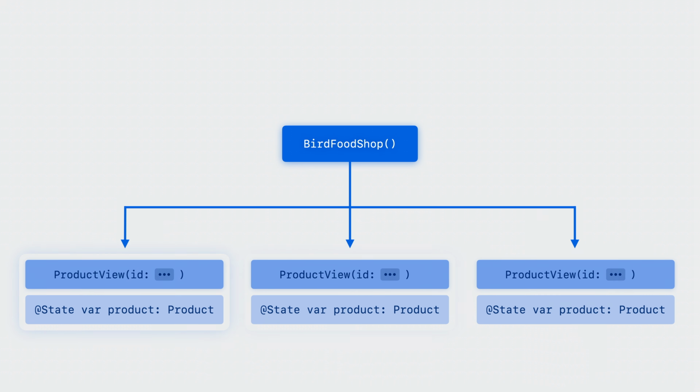When you initialize a product view with the product ID, each view internally keeps state of the product since the loading operation is asynchronous. If you want to create an effect where the parent bird food shop shows a different appearance while the products are loading, you'll need to lift your state up into the parent bird food shop.